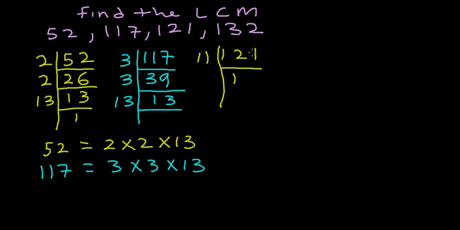Remainder 1, you take the 1 to the 1, becomes 11. 11 in 11 is 1. Okay, then 11 divide 11 gives you 1. So the prime factorization for 121 is 11 times 11.